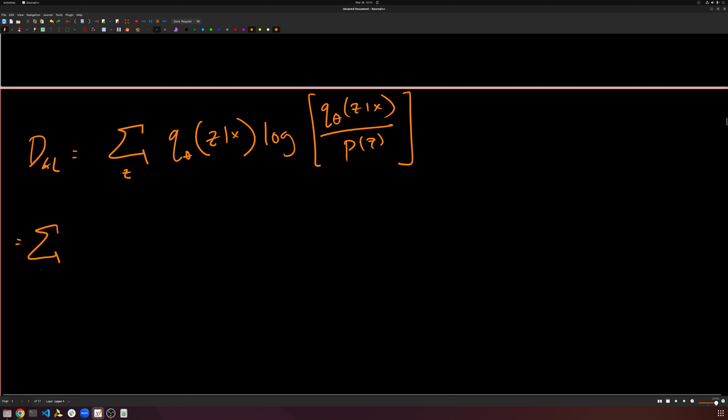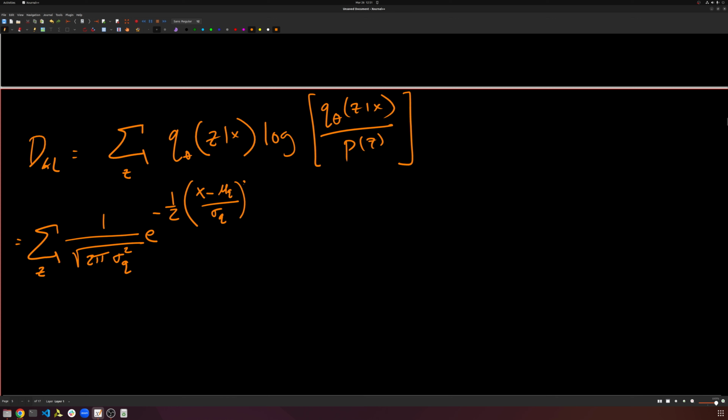So it's going to be the sum over z. The first one is a Gaussian distribution with 1 over square root of 2 pi sigma squared q, since that's the variance of this one, e to the power negative 1/2 times x minus mu q over sigma q squared.